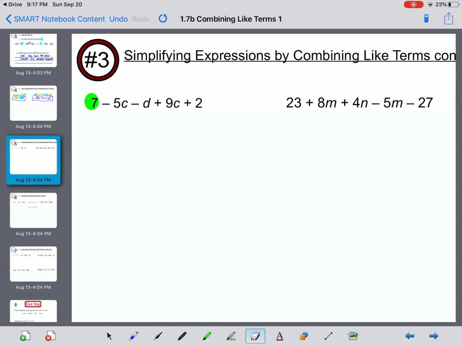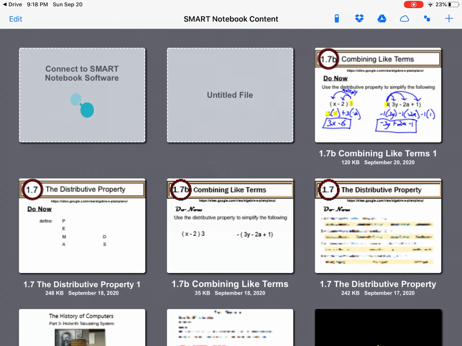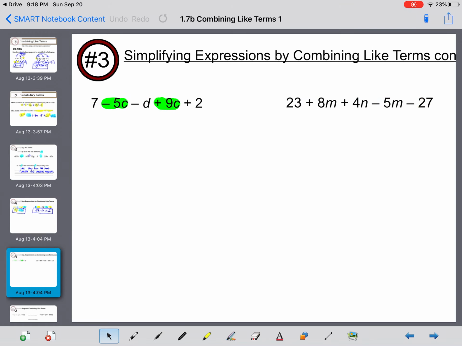Now, for number 3, we start out with a constant. I always save my constants for last. So let's move forward. Negative 5c plus 9c. Negative 5 plus 9, oops, sorry about that, guys. Negative 5 plus 9 makes positive 4.